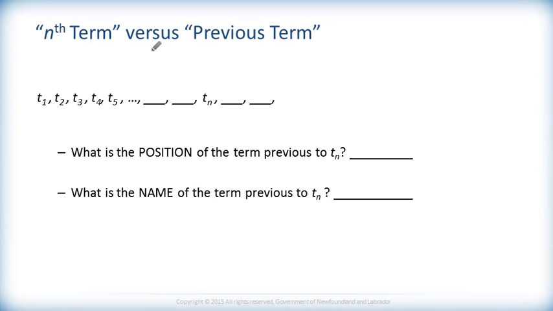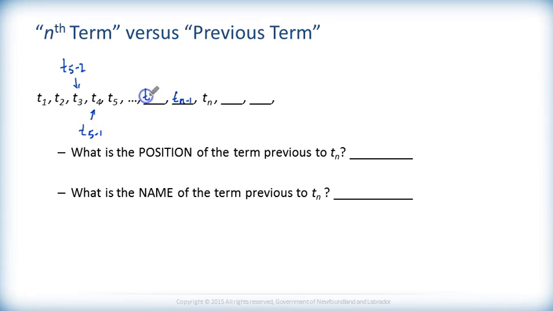Now, I want to talk a little bit about the nth term versus the previous term notation. Term 4 would be the term previous to term 5. We can think of the subscript, instead of being just a 4, as 5 minus 1. Term 3 would be the term previous to that, at the fifth position minus 2. So if I apply the same thinking up here, the term previous to T sub n would be the term at the n minus 1th position.